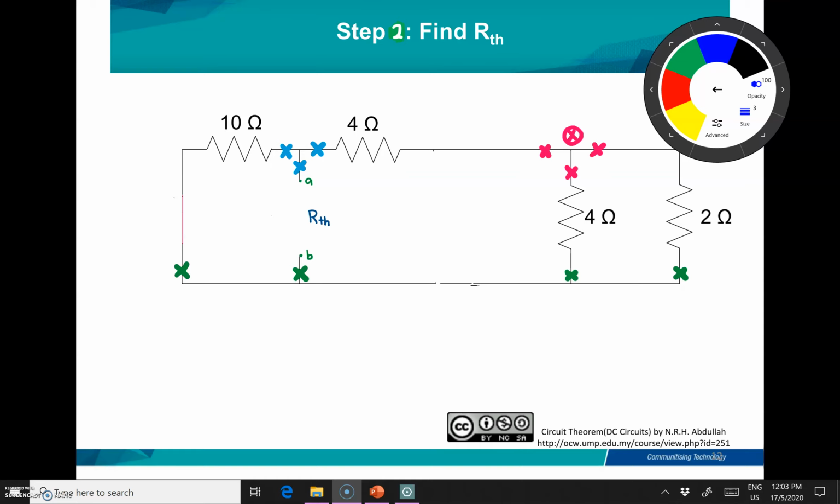So I already marked them with the X shown in the circuit, in blue color. So it stands for one node, and then here is another node, and here is another node. You have to remember that the R Thevenin is seen from this side. So your eyes must be looking from this side, which is the terminal A, B.